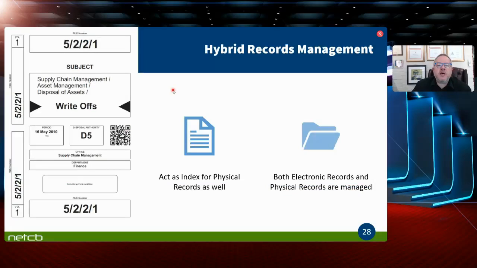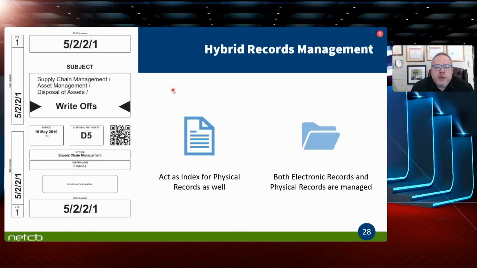As I mentioned, this is a hybrid records management system. We allow you to print the cover pages of your paper records, and this will then cross-reference the records file within the digital records management system. So within the electronic records management system, we create a link that directly references the paper-based records.